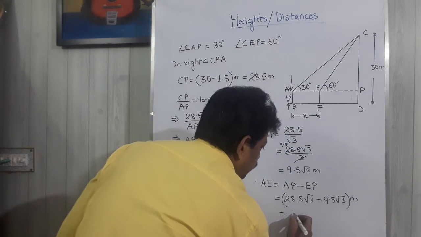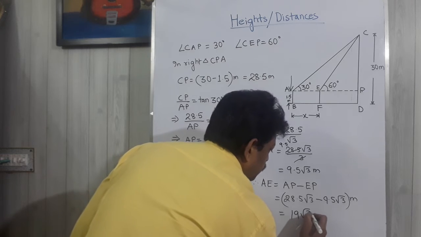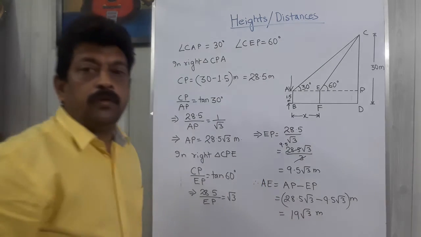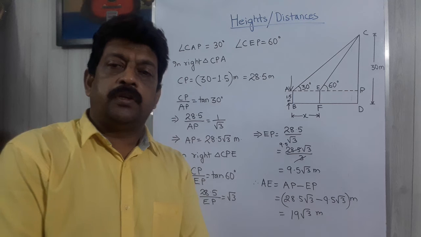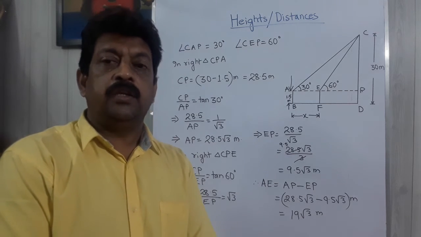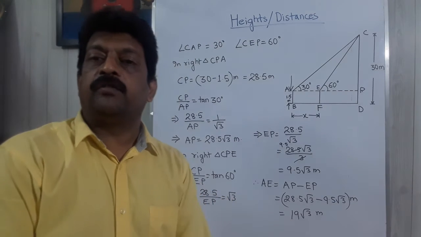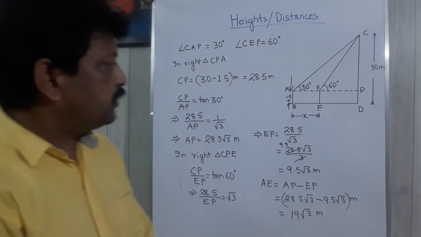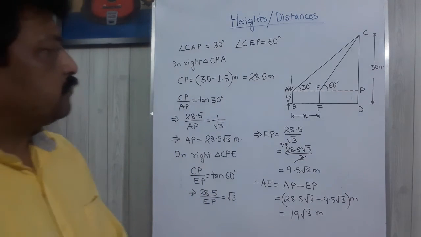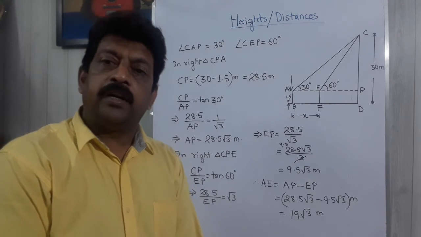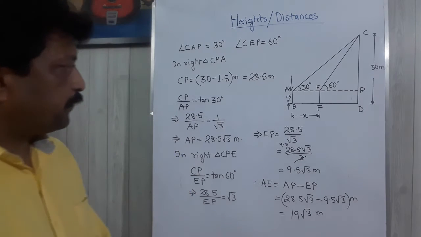That is, it will be 19 root 3 meter. So the value of root 3, as you know, is 1.732. So put the value of root 3 here, calculate it and find your answer. Understood? So in this way we can calculate the distance covered or height of an elevated object. Okay.